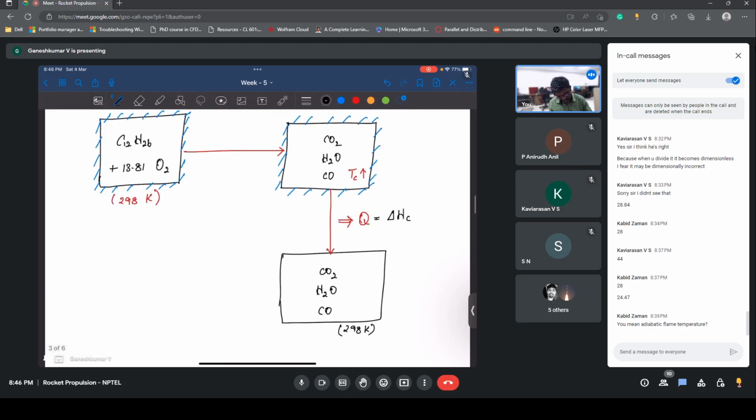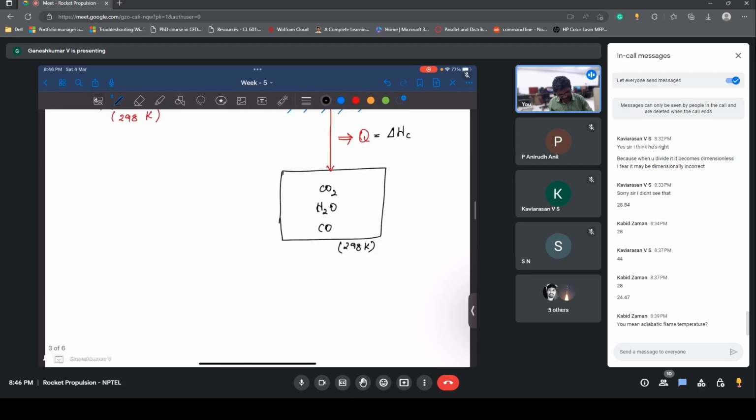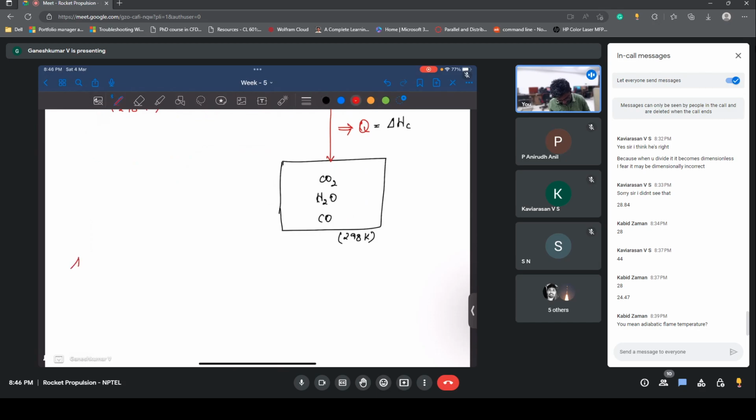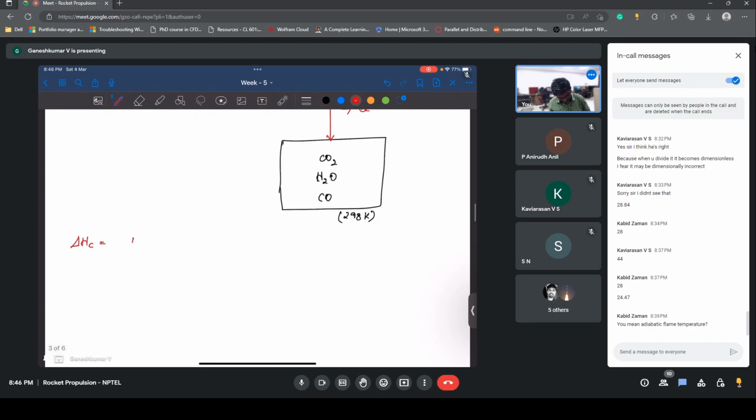So let's say if you want to calculate heat of combustion, then how do you calculate it? It is nothing but H of products minus H of reactants. So finally I have H of products, and initially I had H of reactants. So finally I have some energy of products, and initially I have energy of reactants, and I remove heat while I converted.